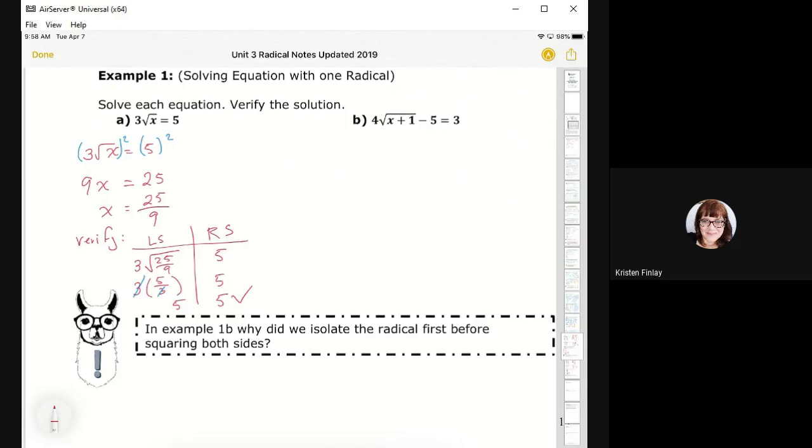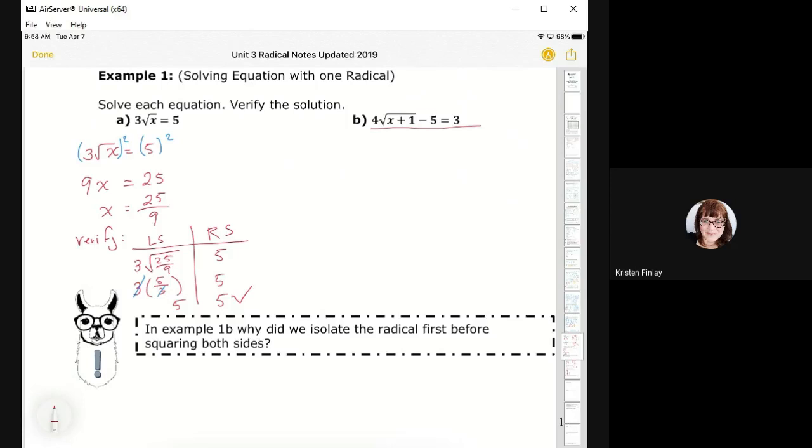Looking at our next one, and these are easier because they only have one radical. We're going to get into more challenging ones that have more than one radical. So over here, we have 4 square root x plus 1 minus 5 equals 3. What we want to do first before we start to solve is get the radical alone on its own side of the equation.